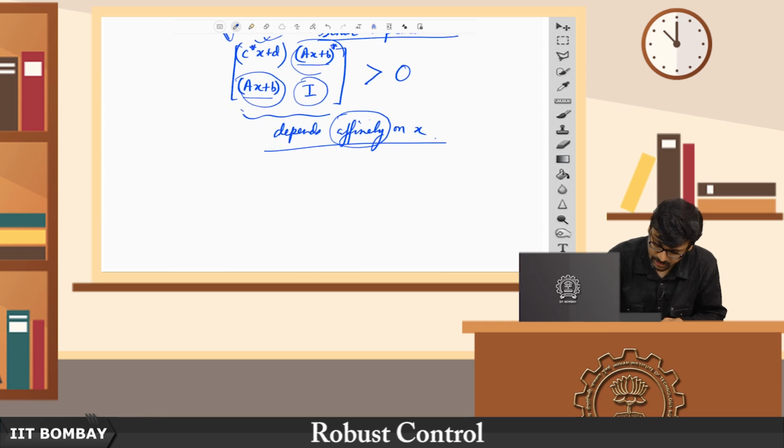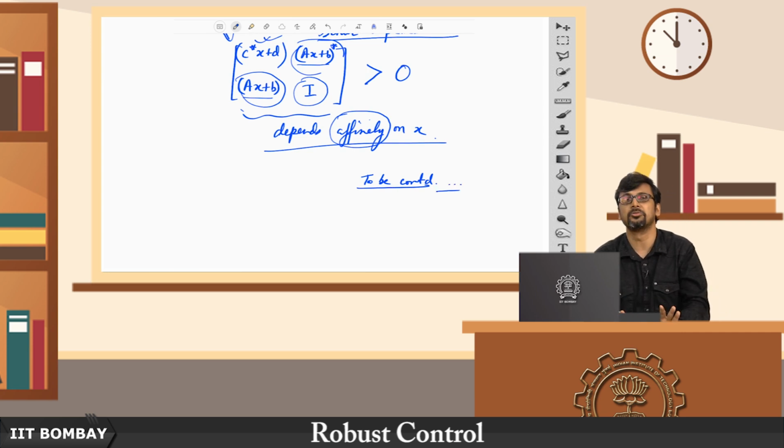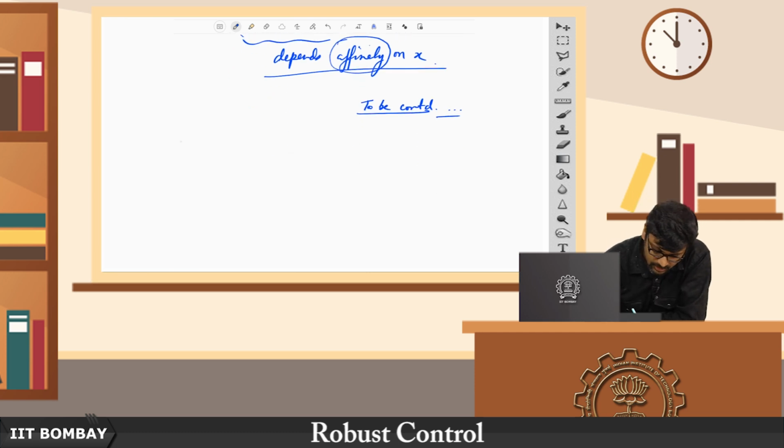So, this discussion is to be continued. Just make a mental note, this is to be continued. We are not leaving this for the time being, we are just taking a small digression, that is all, okay. We will come back to this.